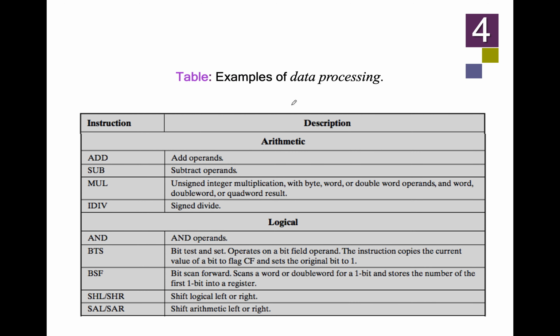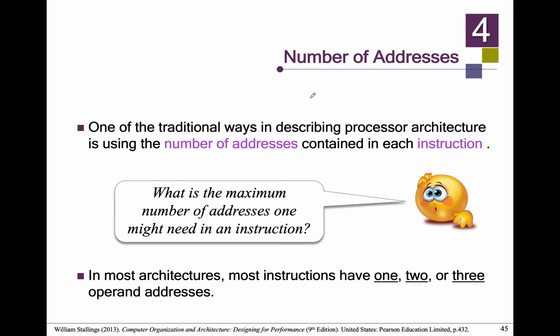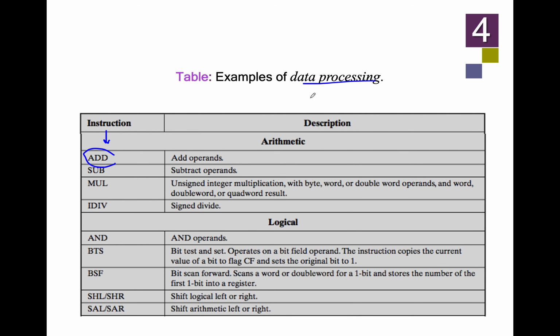This is an example for your data processing. Sometimes the similar opcode, or operation code, you can also use in different kinds of data. Let's say add over here, you can also use in the data movement and so on. I'm just giving you an example.